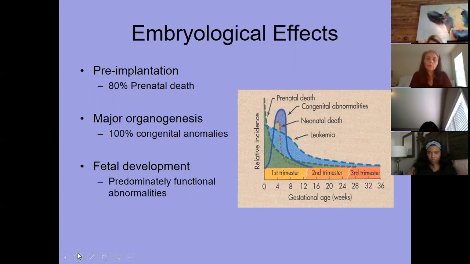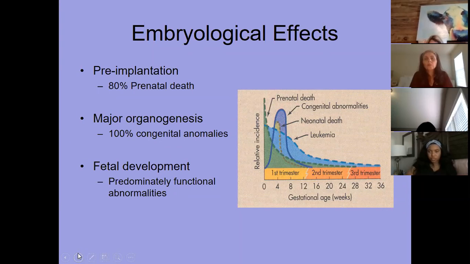And the abnormality seen is the organ system that was developing at the time of exposure. 65% of the abnormalities will be so severe that they result in neonatal death or death in childhood. So the embryonic stage, we've already said, is the most radiosensitive time in the lifespan of any organism, and a high level radiation exposure during that time can have severe consequences.